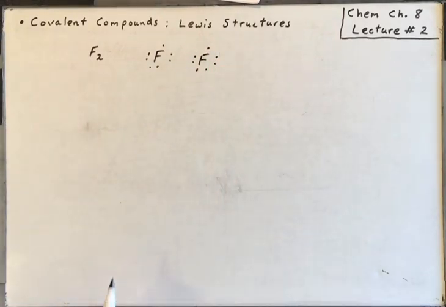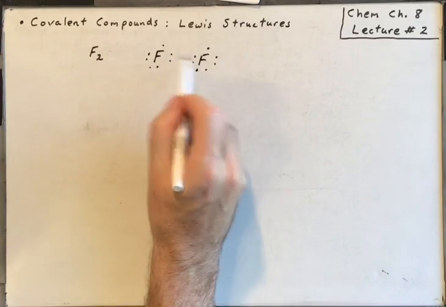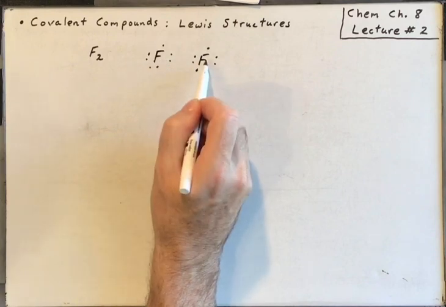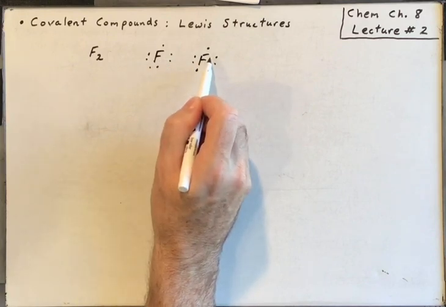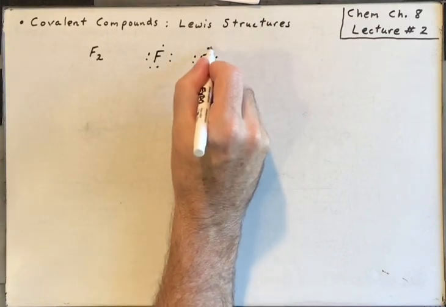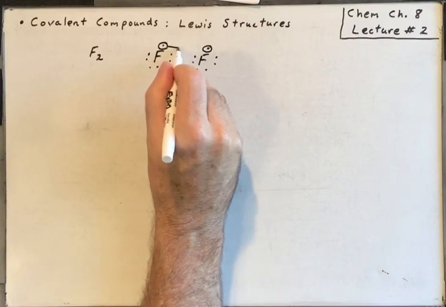With covalent compounds, each fluorine wants to have 8 valence electrons, right? The octet rule that we talked about in the last lecture. So one way for each fluorine to get 8 valence electrons would be if they could share this unpaired electron.